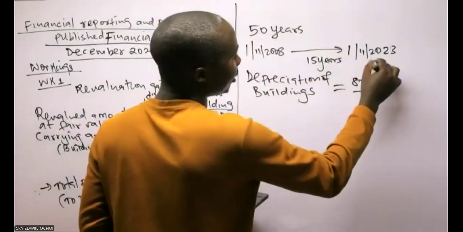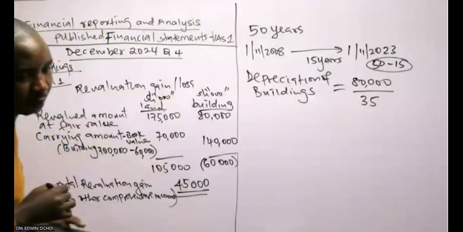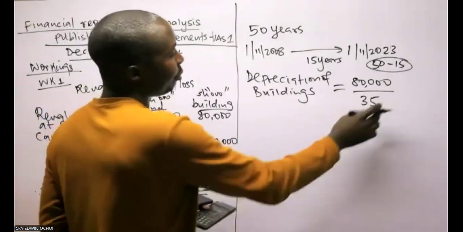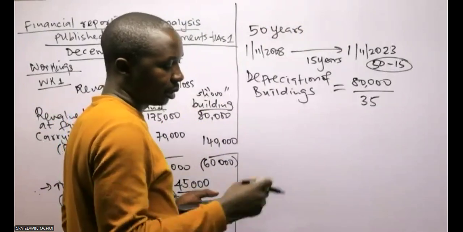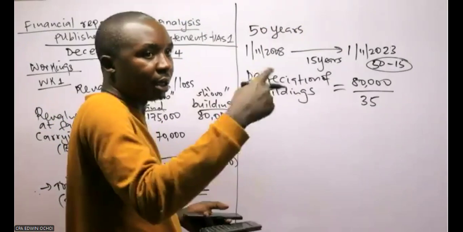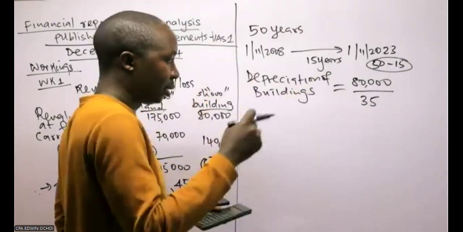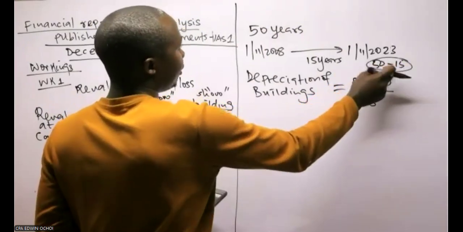We say 50 minus 15. So we use the remaining useful life after revaluation. Once revaluation takes place, when you are doing your depreciation, use the remaining years. So I deduct 15 from 50.